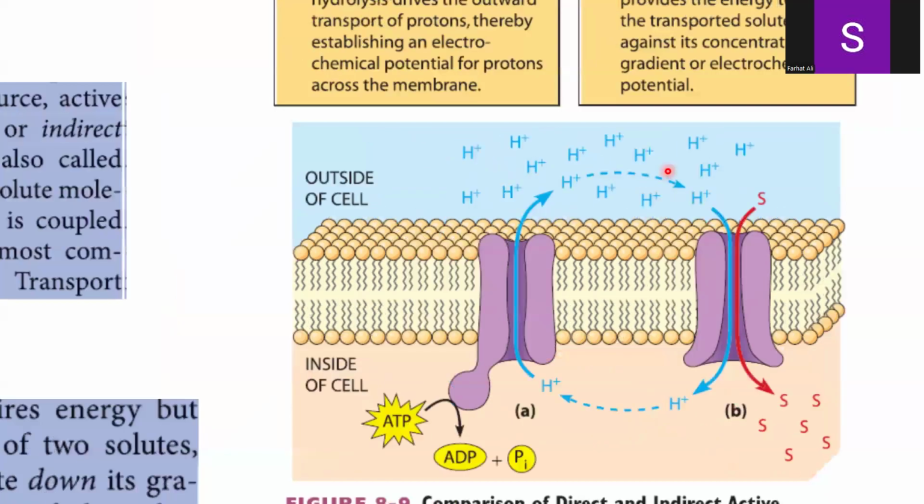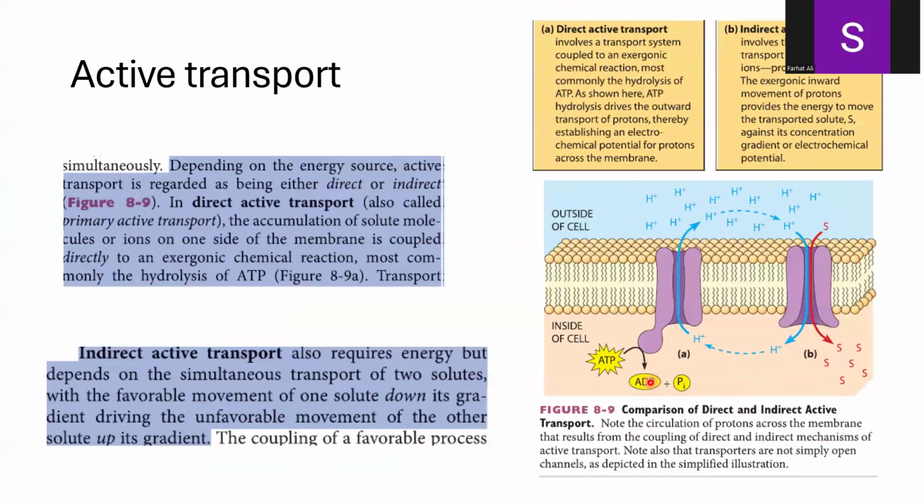So in direct active transport, ATP hydrolysis is involved. In the case of indirect active transport, ATP hydrolysis does not occur directly. It's not coupled to the process. Rather, typically, it is an electrochemical gradient of the protons.